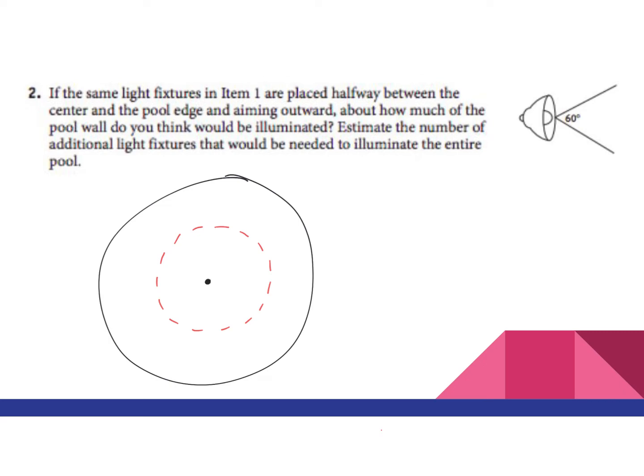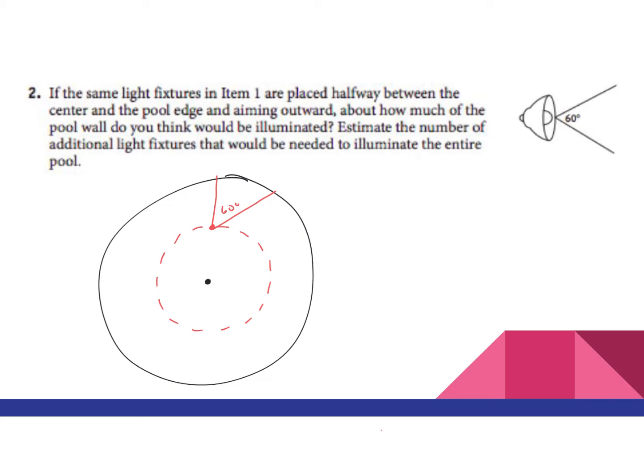So say we wanted to start off again, placing one of the light fixtures here, drawing that same visual that we had before, where, remember, we're looking at it to be 60 degrees right here.